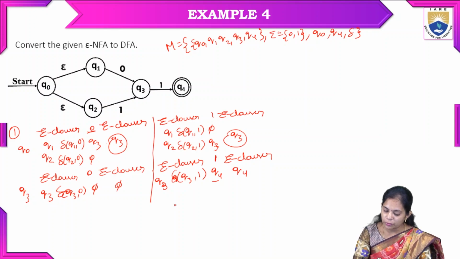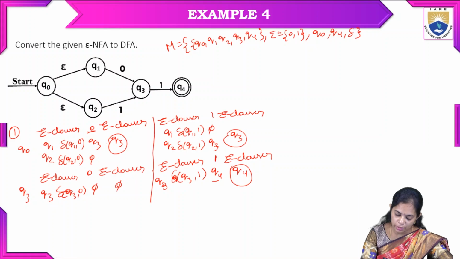So again, the state Q4 is the new state we need to write. So Q4 is equal to Q4 epsilon closure, and 0 input epsilon closure.